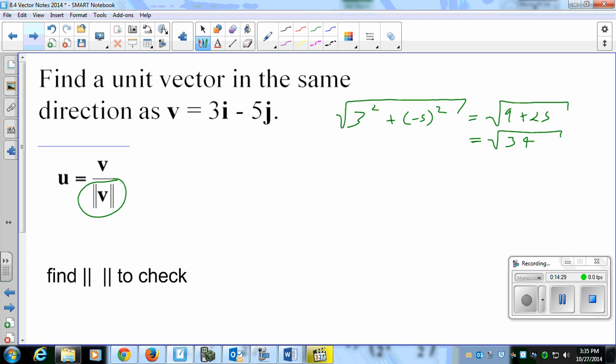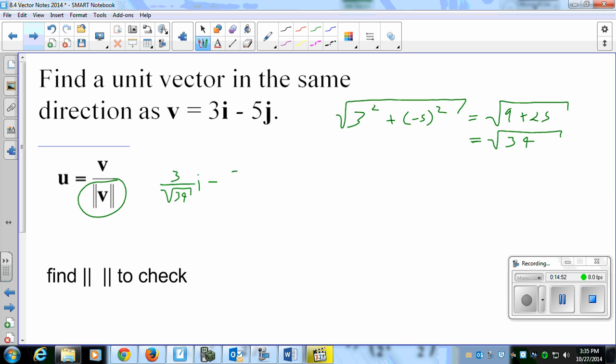Okay, so then what I want to do is write this as a scalar and divide this through, so I have 3 divided by the square root of 34, i. Remember, this i is not the imaginary i.